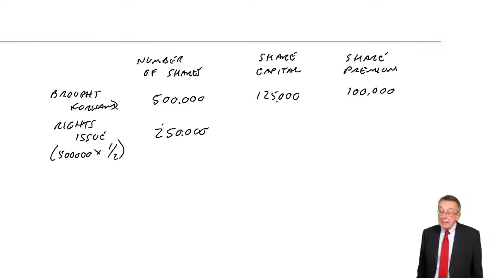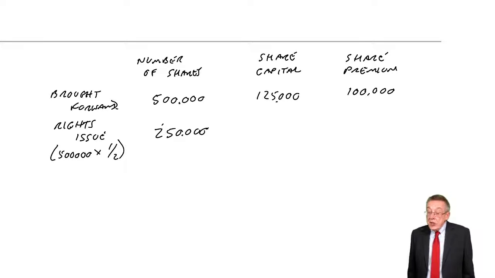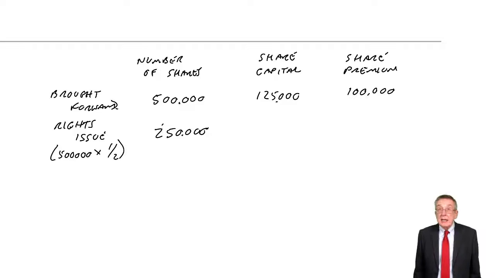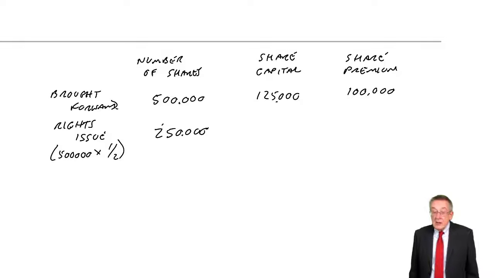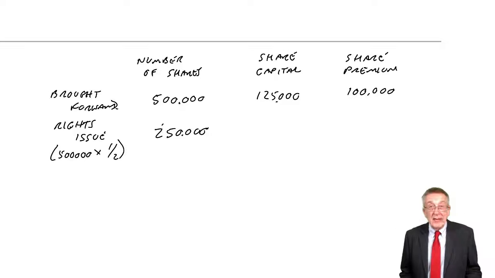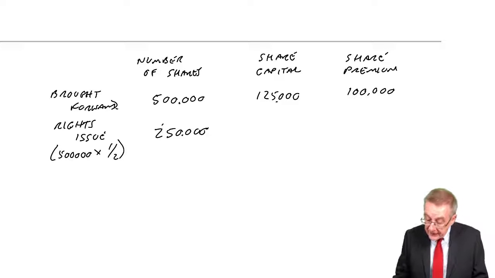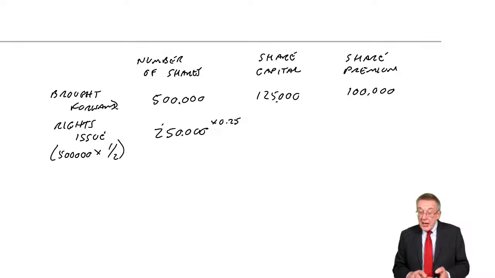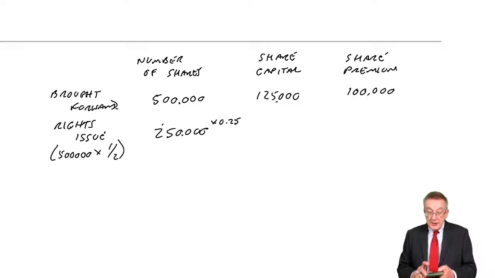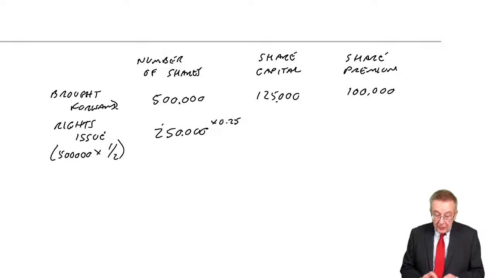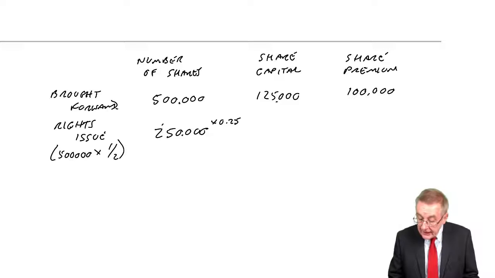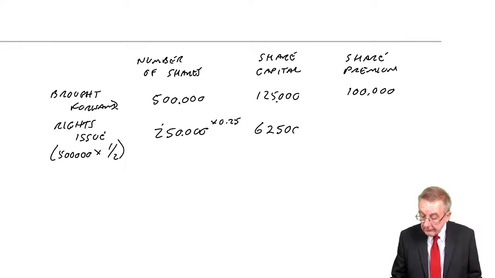And as you saw in the last lecture, the nominal value of those shares goes to share capital. As I said a few minutes ago, the new shares are always the same nominal value as the existing ones. So here they're 25-cent shares. And so to share capital, 250,000 at a nominal value of 0.25, 62,500.